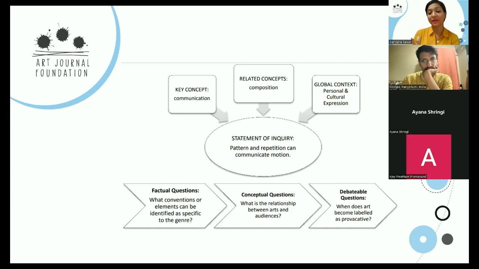So the debatable question is, do you think art is always provocative in nature, or is it just a way of expression? Children will have perspectives from both. Some people feel it's just an expression. Some feel it can bring out agitation. People can feel offended. That is the debatable question here.